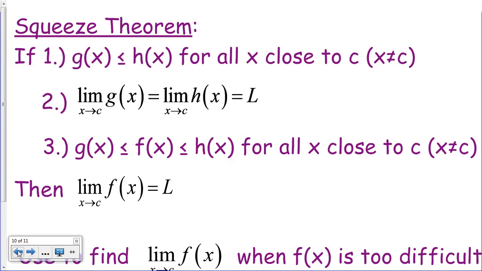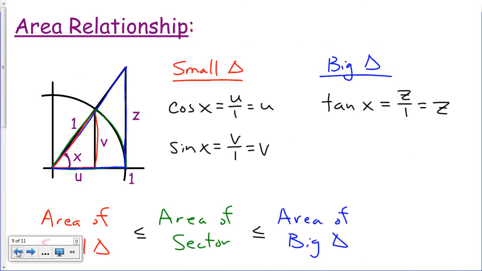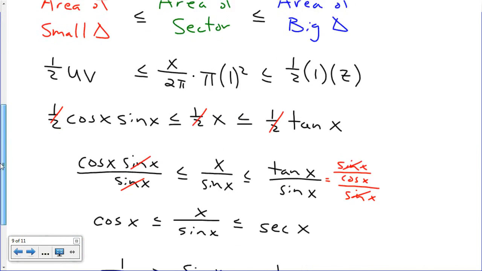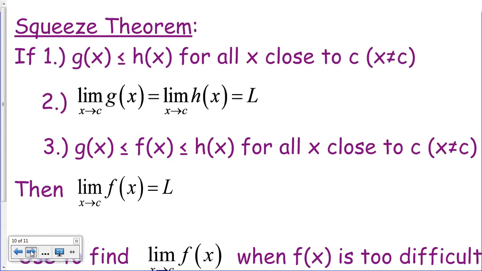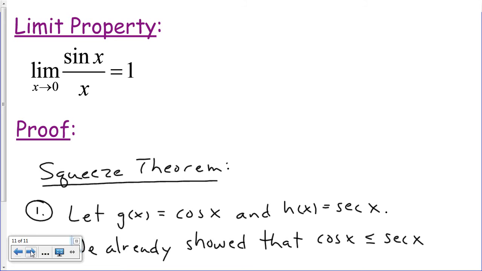And again, just to jump back here to what we did with this area relationship, if I get rid of what's in the middle here, I've already shown that cosine of x is less than or equal to secant of x. So I don't need to go through that whole thing again, but if I wanted to, I'd go through those exact same steps that I just did.